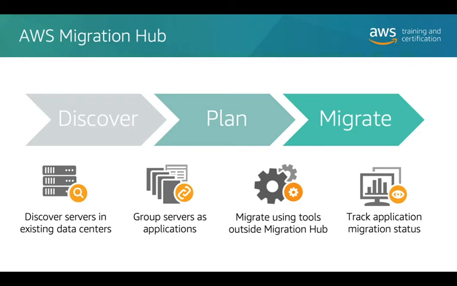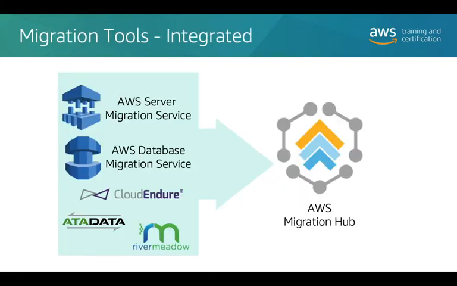Might not be the same as your application, but for the purpose of migration, we're going to call this an application. It can oversee the actual migration, which might be being done outside Migration Hub by something like CloudEndure, for example, or could be done inside by other services like data migration services or server management services. And so it acts as a portal to track the status of your individual migration processes.